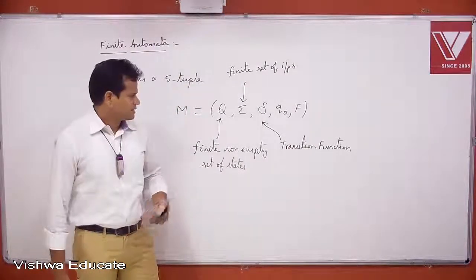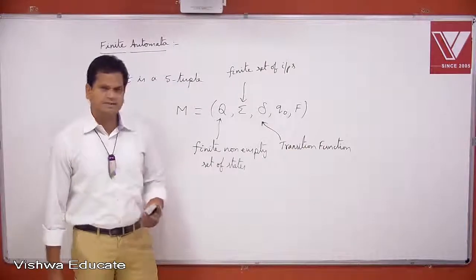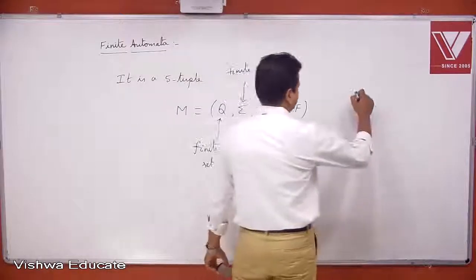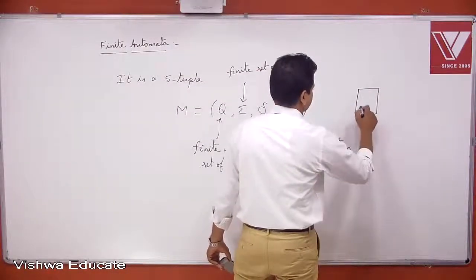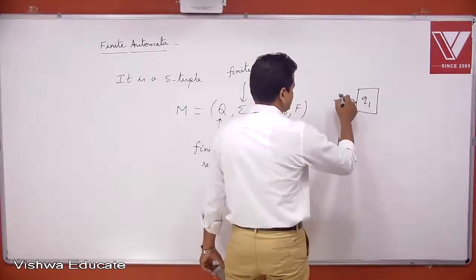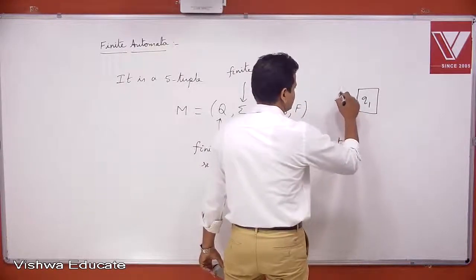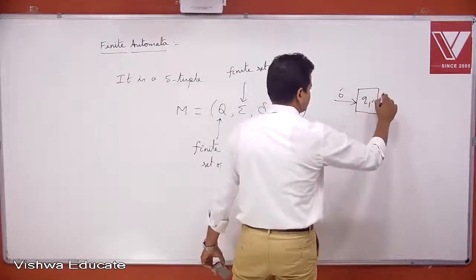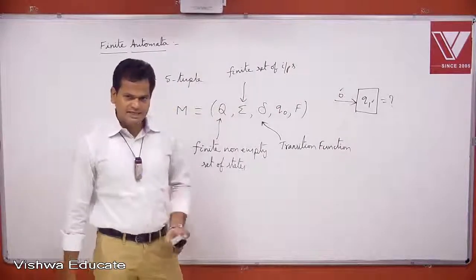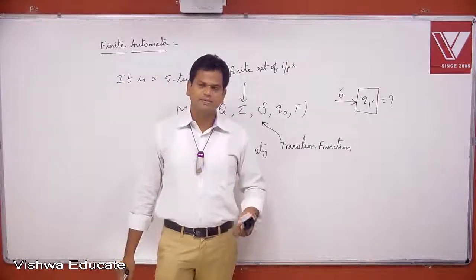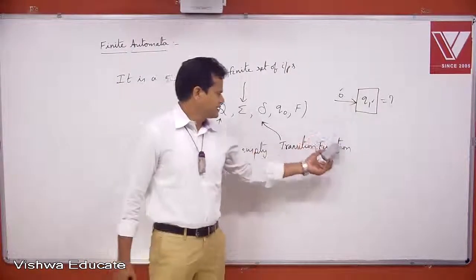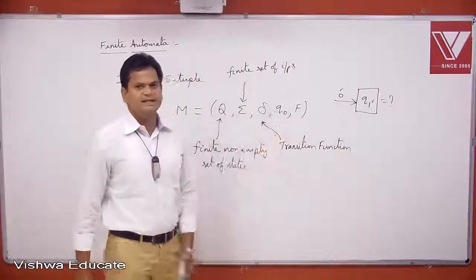I repeat, the transition function describes the change of the states during a transaction. What is the meaning of this? Suppose a machine is in some state, let it be in Q1, and if we take some input, let it be 0, based on this input and this state, the next state will be decided. So, in which state, on which input, what is the next state? All this information will be defined in the transition function.